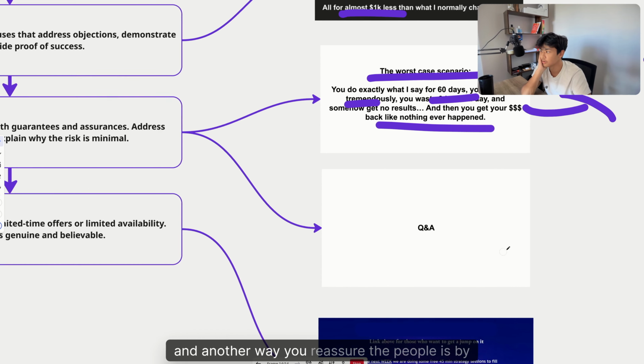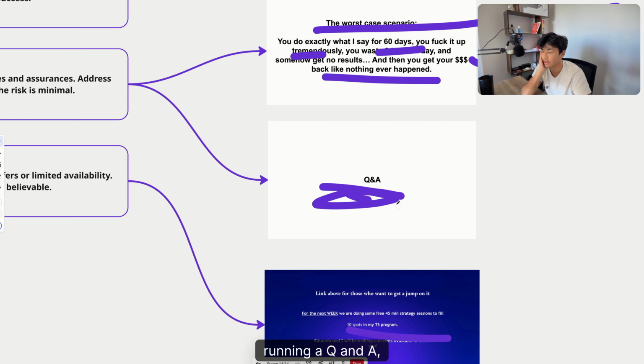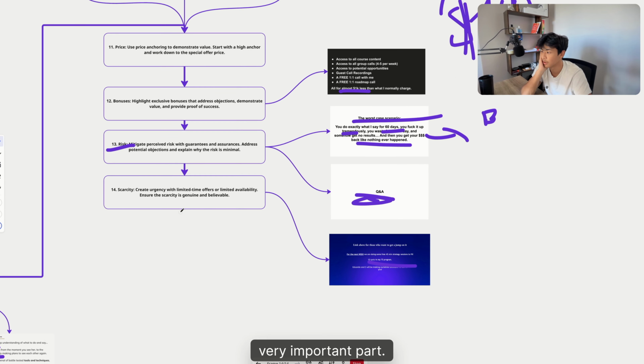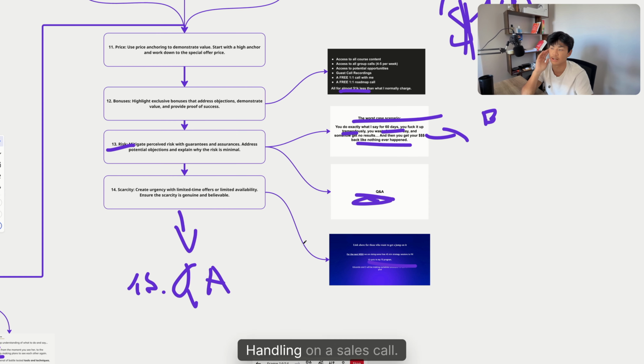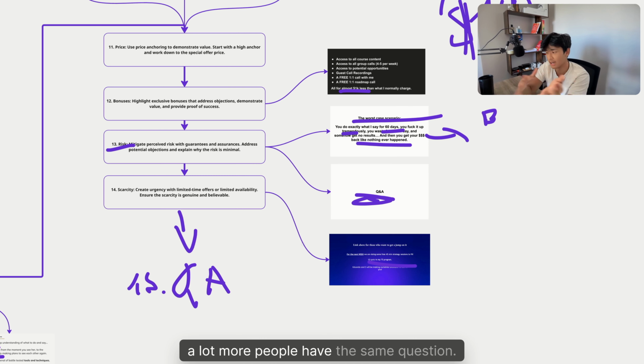Another way you reassure the people is by running a Q&A, which is a very important part. And actually, let me add this step number 15, which is Q&A. Do a Q&A. It's literally an equivalent of objection handling on a sales call, and likely, you just answer one question. There's a high chance that a lot more people have the same question.